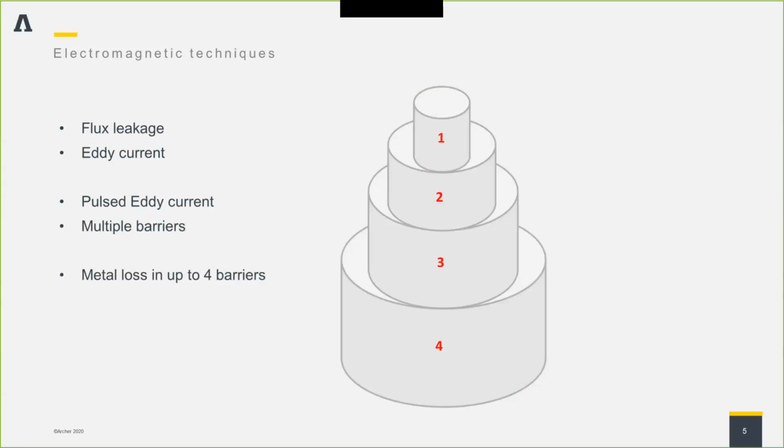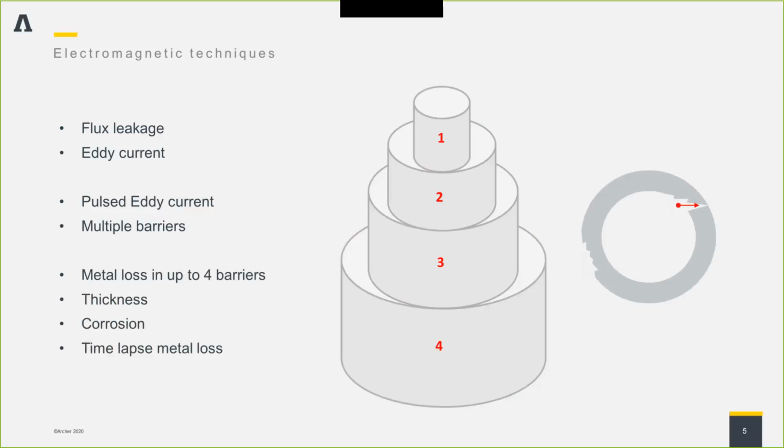So we can, in a single run in the hole, evaluate metal loss in up to 4 concentric strings. And we can generate the thickness from there, and we can get an idea of corrosion. So the tool is capable of doing a full analysis of 4 barriers in one run.